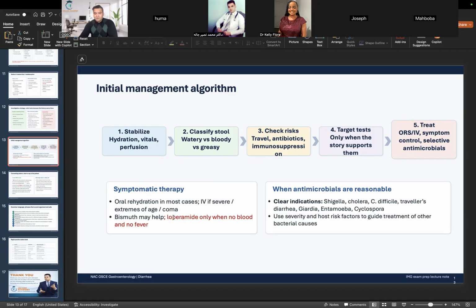Bismuth may help, but remember, loperamide only when no blood and no fever. Antimicrobials are reasonable with a clear indication: Shigella, cholera, C. difficile, travelers' diarrhea, giardia, entamoeba, cyclospora. Use severity and host risk factors to guide treatment of the other causes.